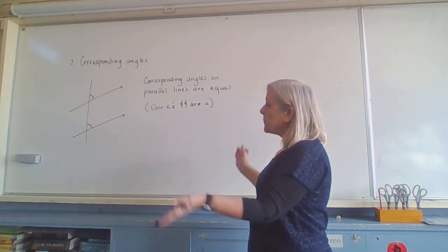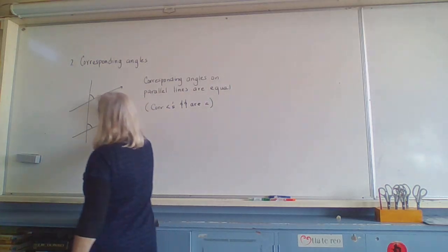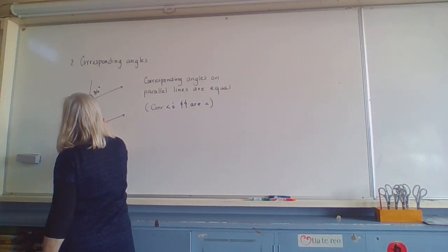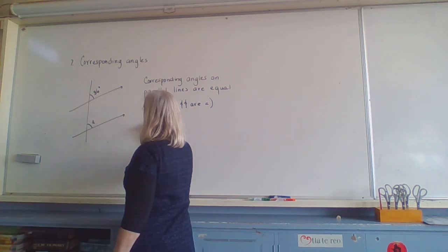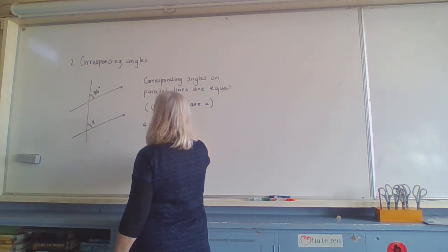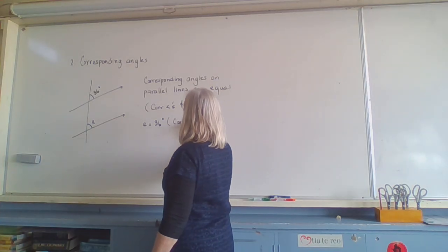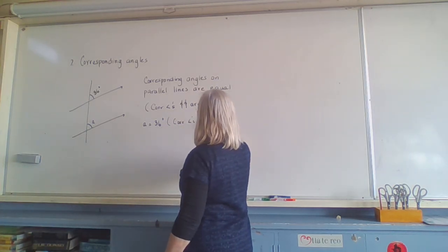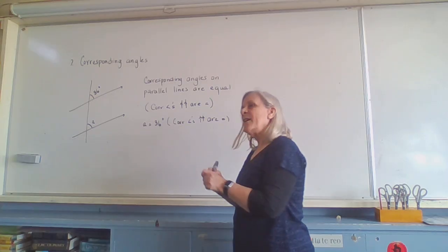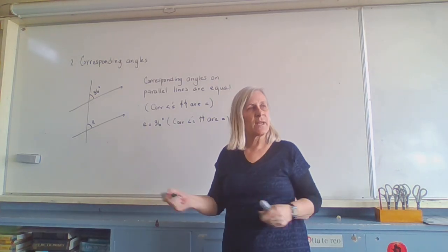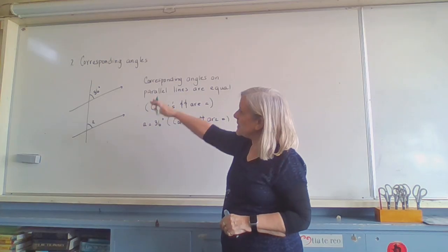Okay, so if we know one, this one is 36, then we know that this one, A, is 36 because of corresponding angles on parallel lines are equal. Right. There are 4 sets of corresponding angles up there. That's one set.